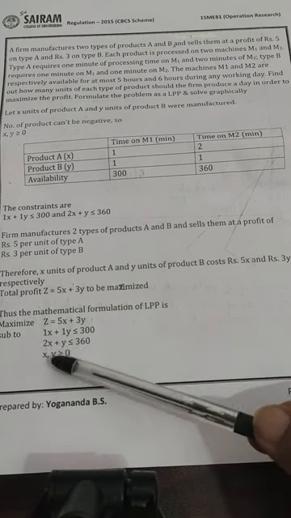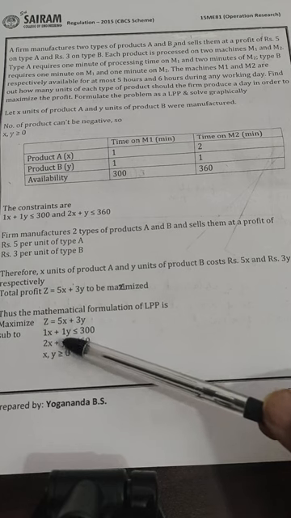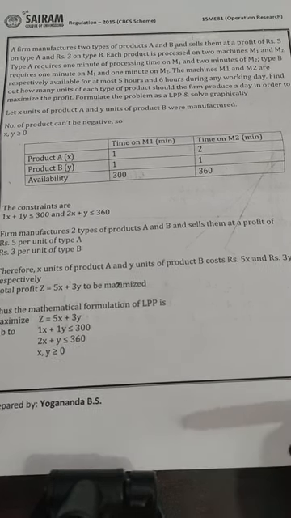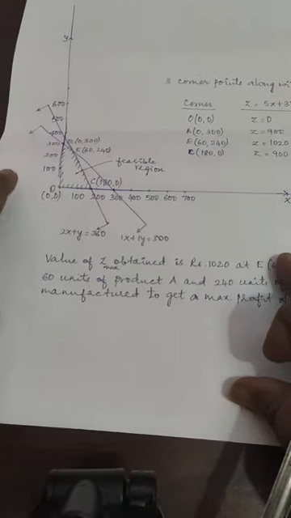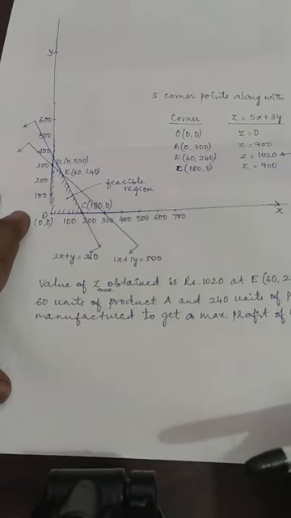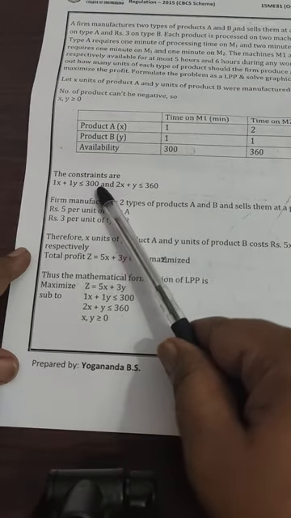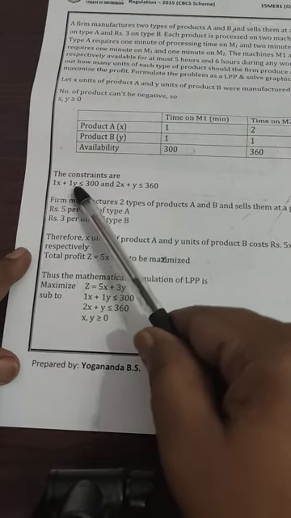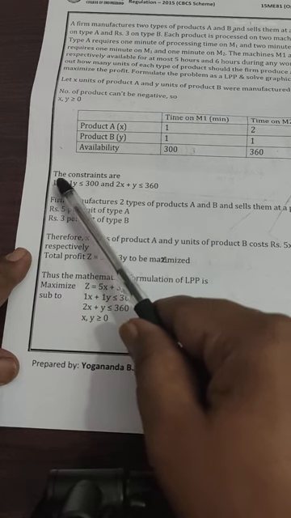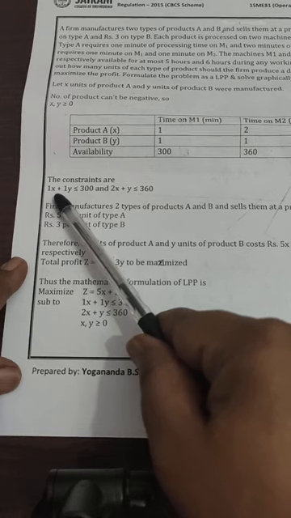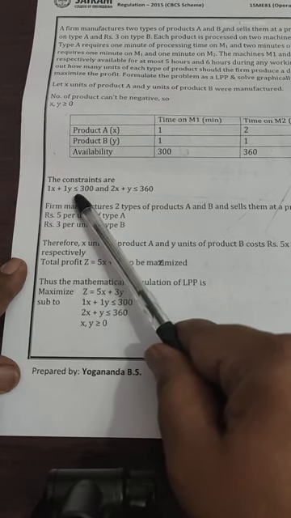Now I have to find out what the values of X and Y will be so that I get maximum profit. We are taking the help of a graph. Here the condition is 1X plus 1Y. So this inequality I am converting into 1X plus 1Y equals 300. If X becomes 0, Y becomes 300.